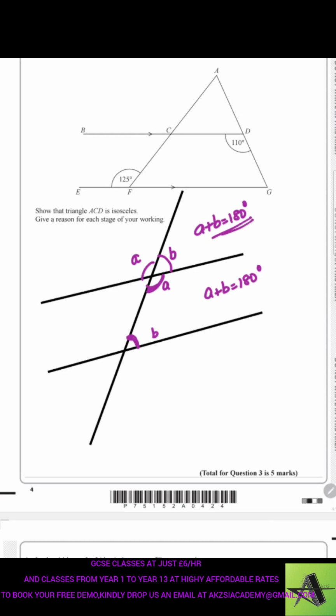There are others as well. Alternate exterior angles are equal, or vertically opposite angles. They are not very important, but you can prove them equal by these three things that we have discussed. Exterior angles are this one and this one because they are outside.